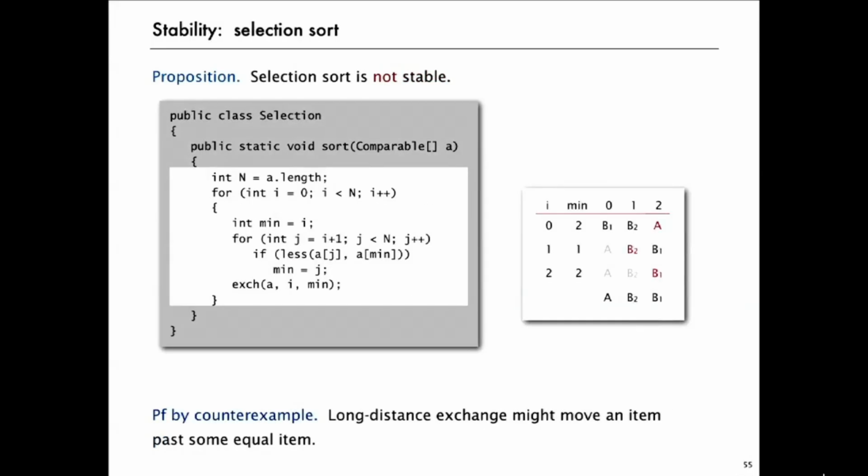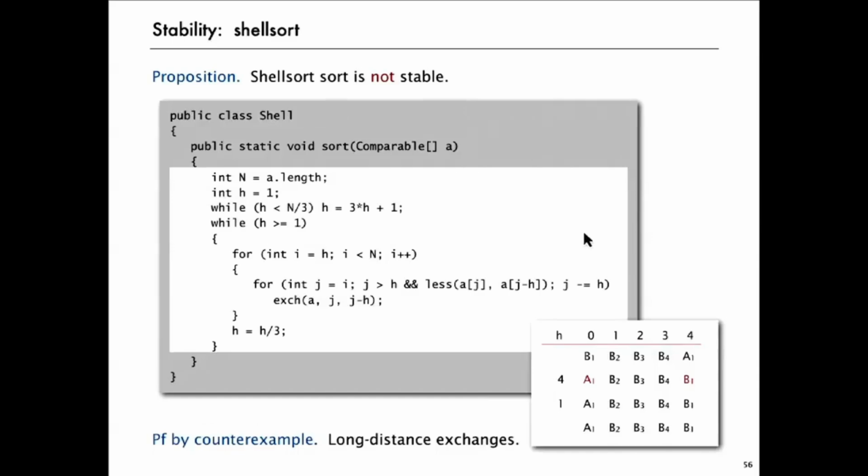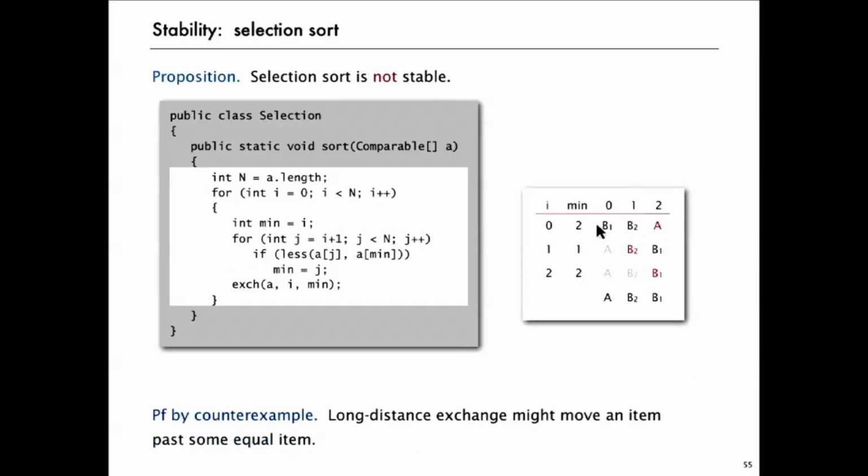But selection sort is not stable. Usually the way to show that a sort is not stable is just to see if it has a long distance exchange that might move an item past some equal item. So in this case, for selection sort, when we do that first exchange, where we found the minimum A and B is in position 0, we did a long distance exchange.